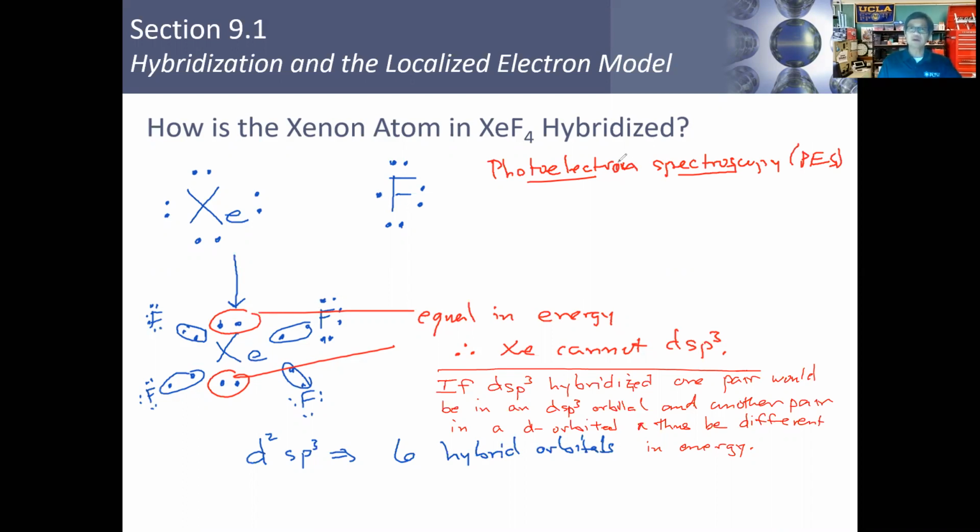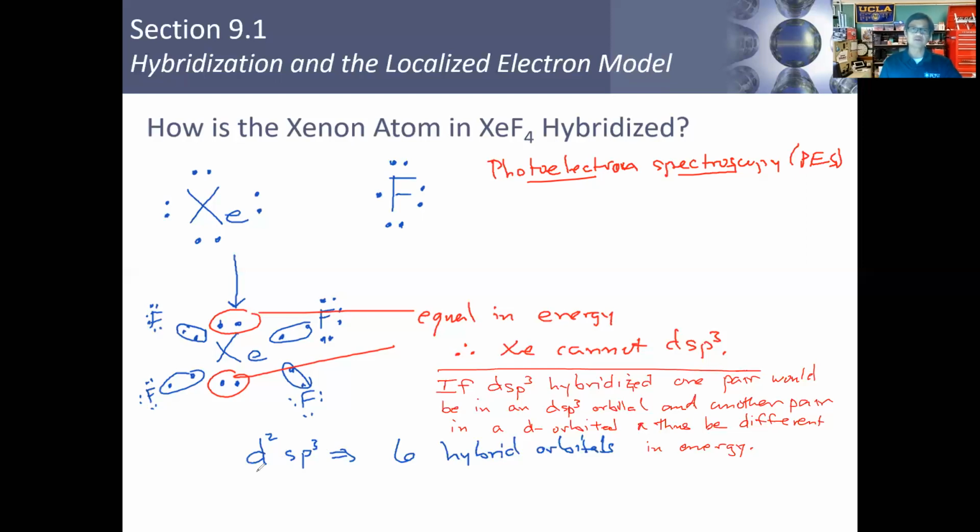But using this technique, we are able to determine that all 6 of these electron pairs here are equal in energy. And if they are equal in energy and degenerate, the orbitals that fill them, there have to be 6 hybrid orbitals, 6 orbitals that are degenerate. And the only way we can do that is if we hybridize the p orbitals and 2 of the d orbitals.